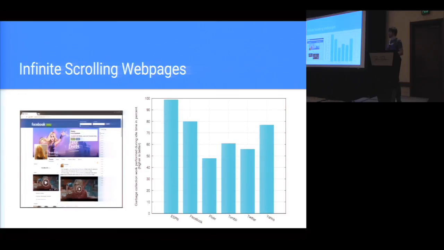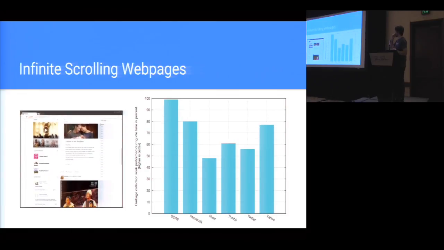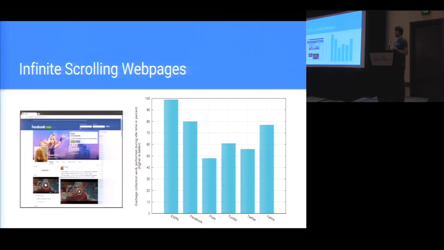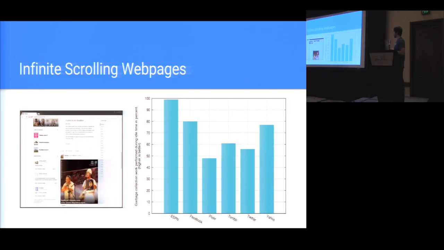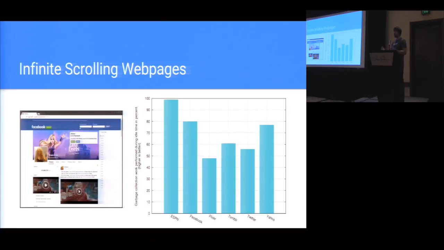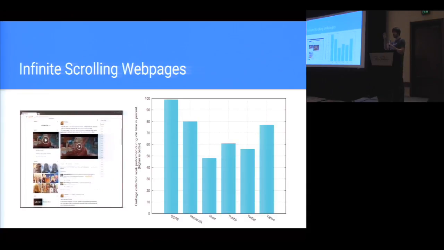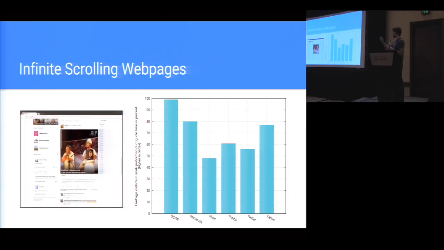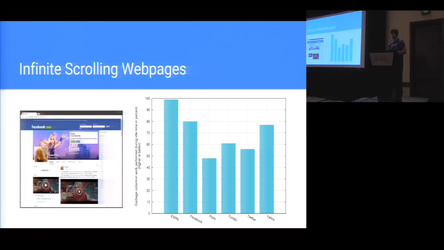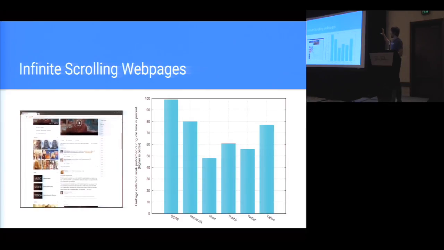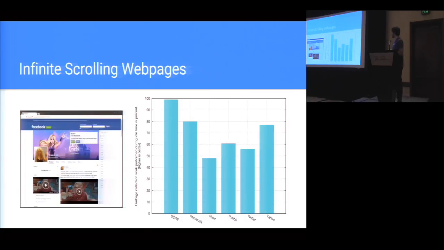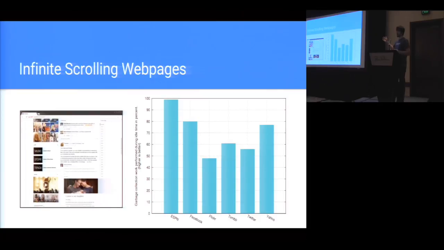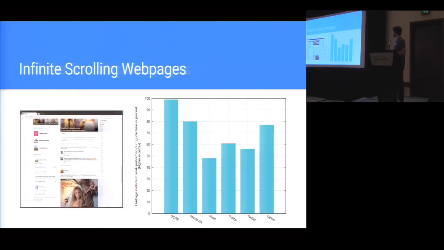Another set of benchmarks we used with the telemetry framework is what we call the infinite scrolling web pages. We took a bunch of interesting websites like Facebook and Twitter, opened them, and then started the measurement and scrolled for 60 seconds. What you see here in the graph is how much of the total garbage collection work is performed during idle time. For some web pages like ESPN, it works really well.